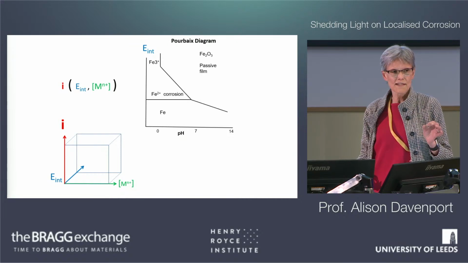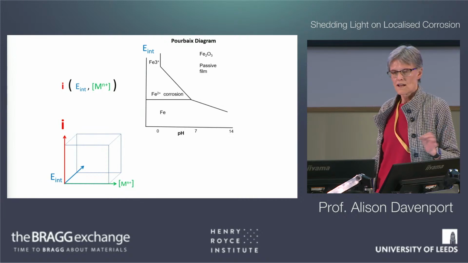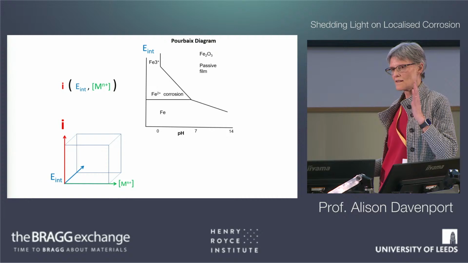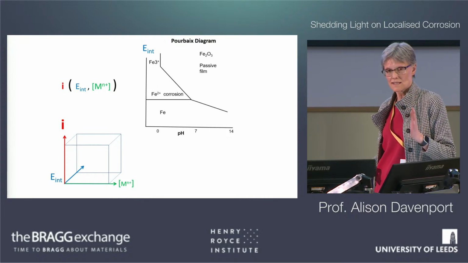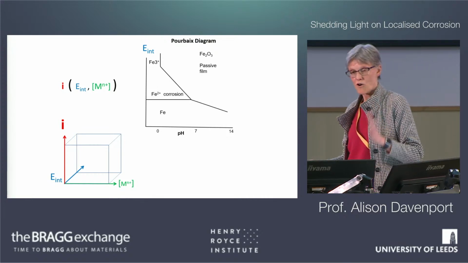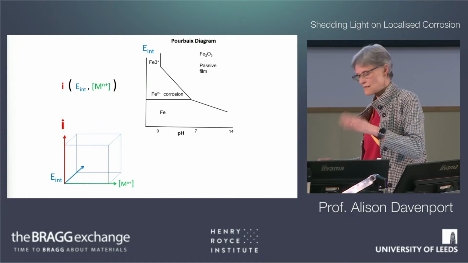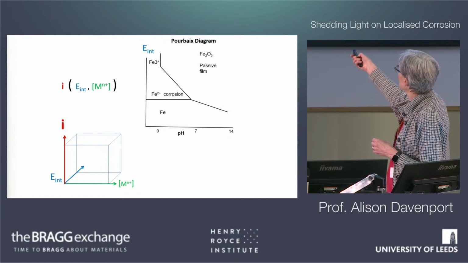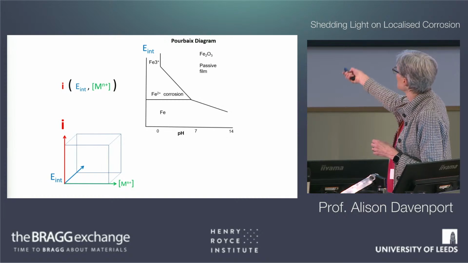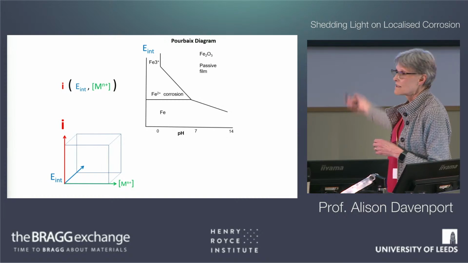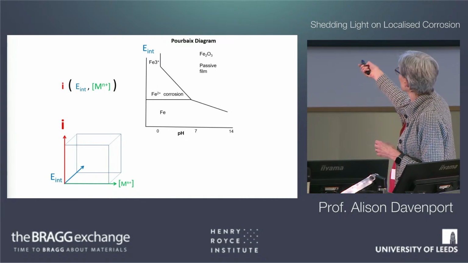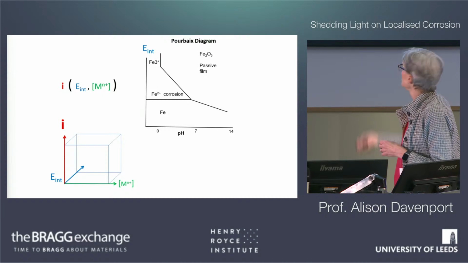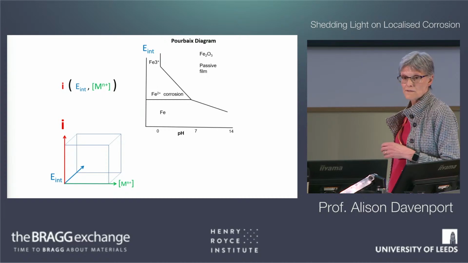Corrosion people usually work with what are called Pourbaix diagrams. These are thermodynamic maps of what the thermodynamically stable state is under different conditions of interfacial potential and solution chemistry. In this particular case, we've got the interfacial potential going upwards, and as you might expect, iron is thermodynamically stable at low potentials. You get some corrosion higher up, and if you go a bit further up, you might end up in the region where you form a passive film.